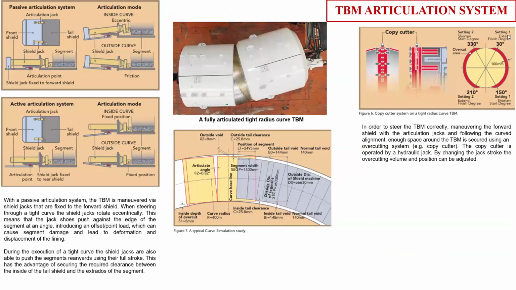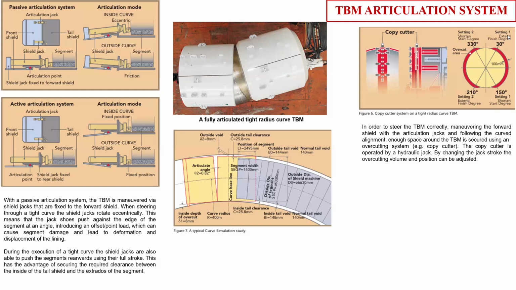Previously, all the TBMs were designed for a passive articulation system. There are two types of articulation system: the passive articulation system and the active articulation system. With the passive articulation system, there is a slight deviation when the articulation is working.